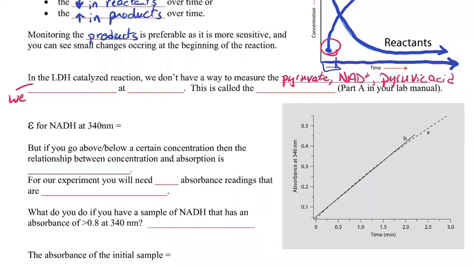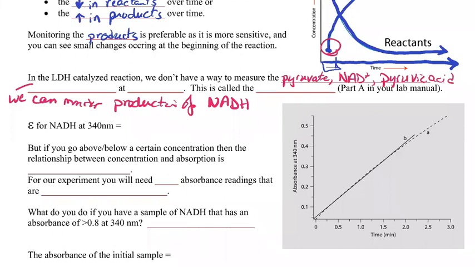So we can monitor production of NADH. We can, because why? Because it has a unique extinction coefficient.